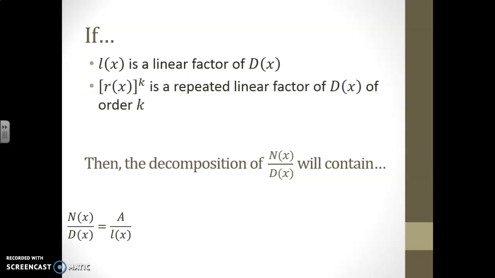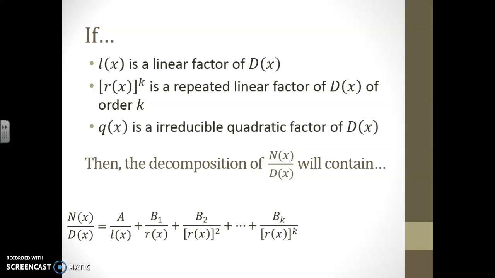If R of x is a repeated linear factor of order k, in other words, if you see R of x to the power k, then the decomposed version of n over d must also account for this factor being repeated by including it in k different terms, where the denominator R of x has powers 1 to k.